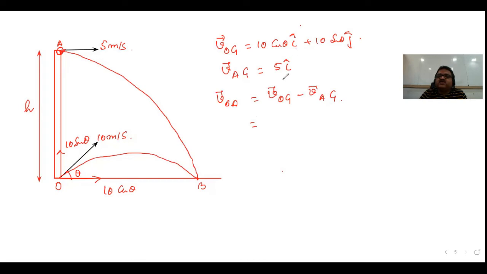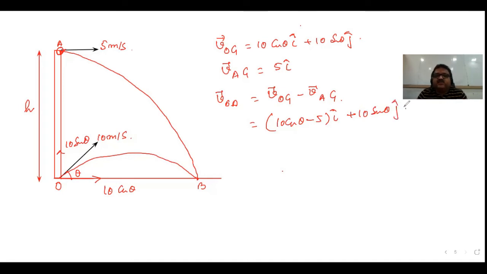What is that? 10 cos theta minus 5 I cap, and plus 10 sin theta j cap.